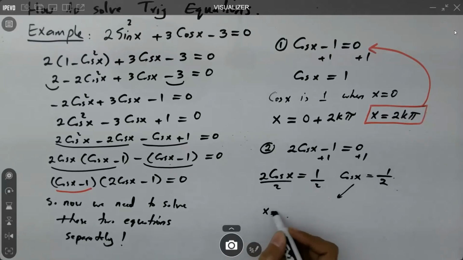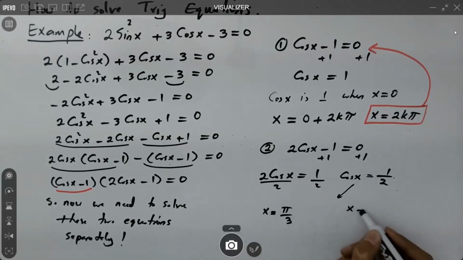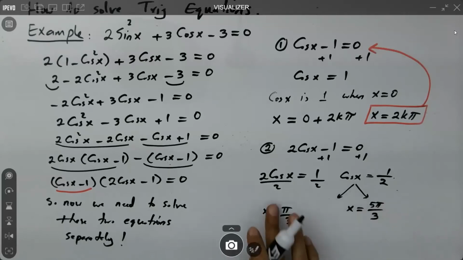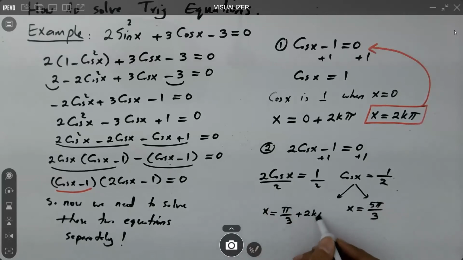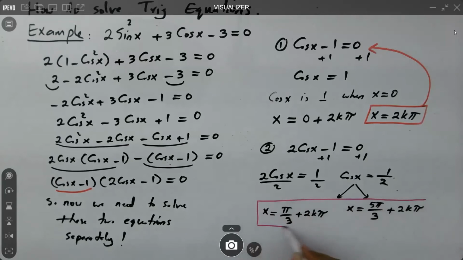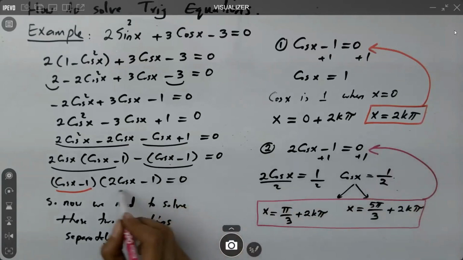X is equal to pi over 3, and also x is equal to 5 pi over 3. So since the period of cosine is 2 pi, you're going to add 2k pi. So let's put this in the box. So these are the solutions for this equation.